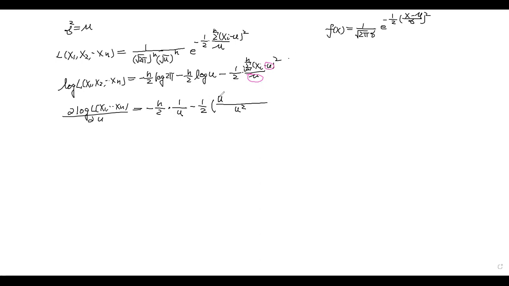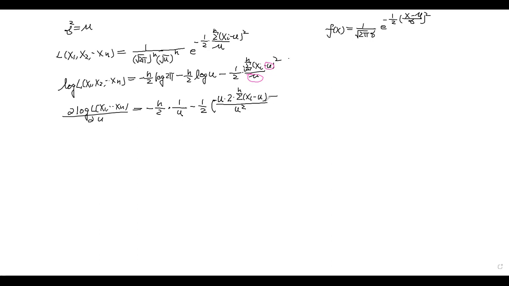The derivative of the top is 2 times the summation of xi minus mu, i from 1 to n, and I hold the bottom as mu. Then the chain rule, so don't forget the chain rule, you have a negative sign here.